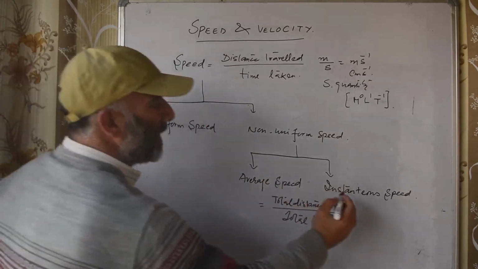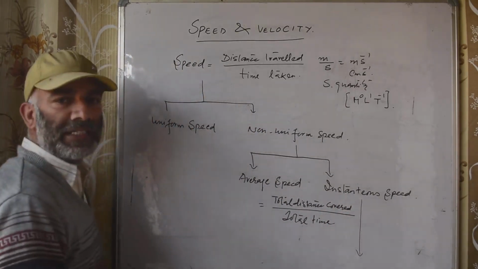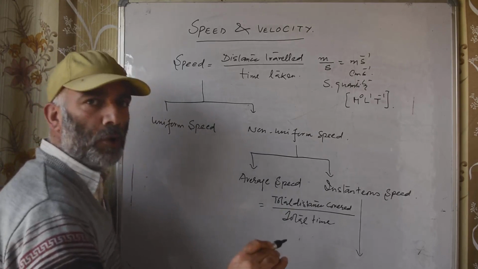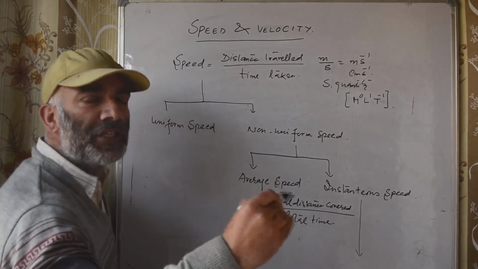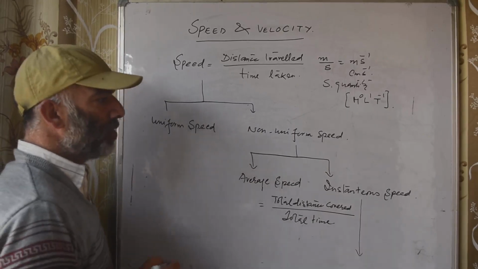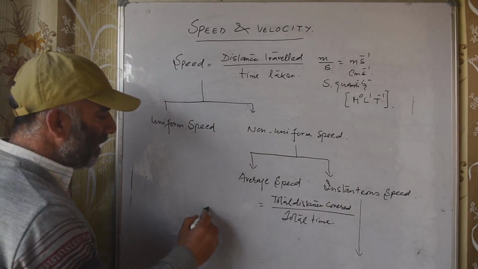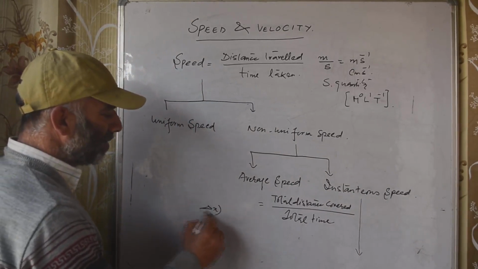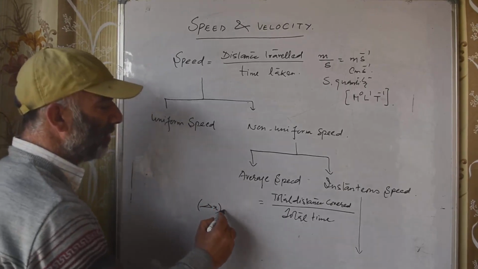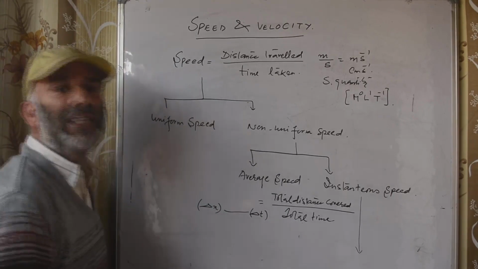Then there is instantaneous speed. Instantaneous speed is the speed of the particle or the body at any instant of time. In order to derive the expression for instantaneous speed, let delta x, where delta means small, be the distance covered by a particle in a small interval of time delta t.